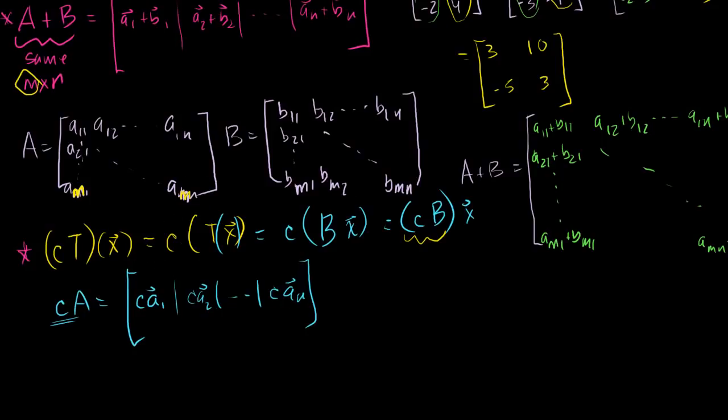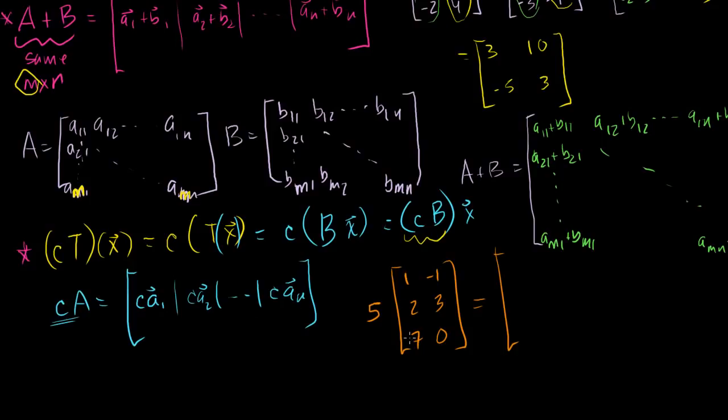Now, let's apply it. And I wanted to show you that this is perhaps even simpler than matrix addition. So if we want to multiply the scalar 5 times the matrix, I'll do a 3 by 2 matrix. So 1, 2, 7 and minus 1, 3, 0. This will just be equal to, by this definition, I'm multiplying the scalar times each of the column vectors.